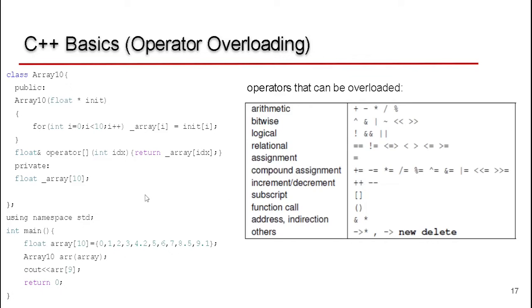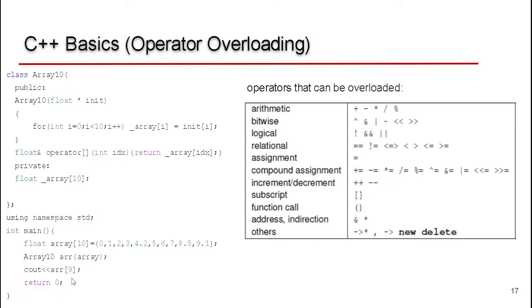So we define our own operator, because if you did not overload the subscript this way, you will have a compilation error. I mean, if you created an array 10 like this and did cout array ARR 9, you will have a compilation error, because this operation is defined only for the simple array, or if you have another class which defines this operator.